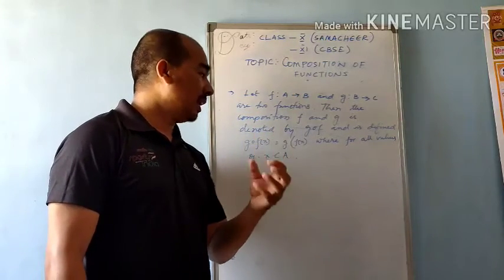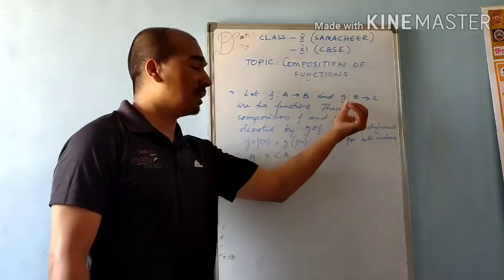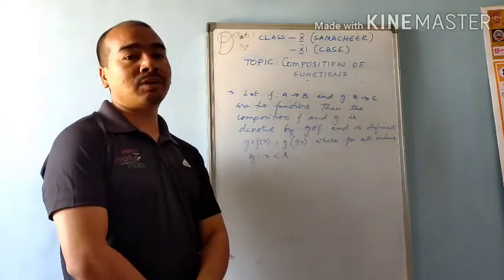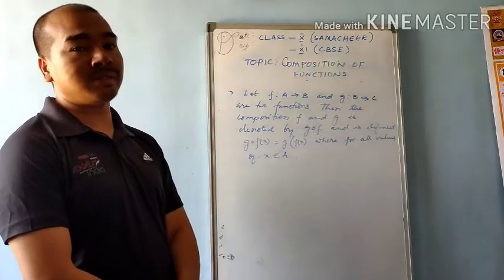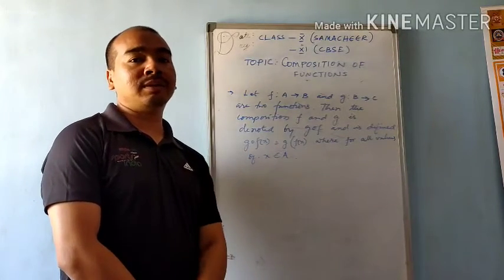Then that f of x is fed into the other function g, and we get g of f of x. That g of f of x is called the composition of functions f and g.